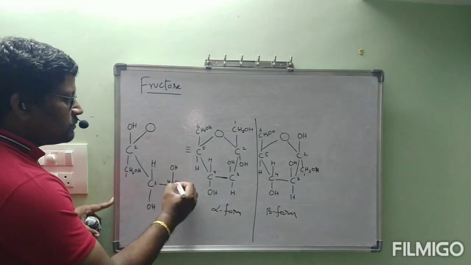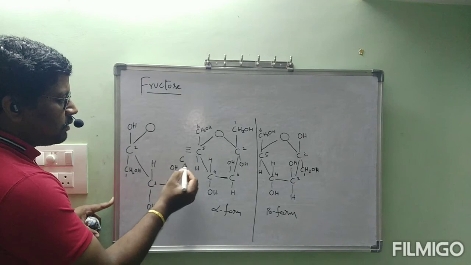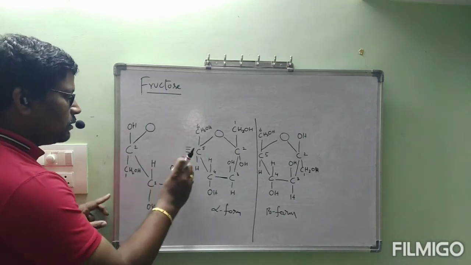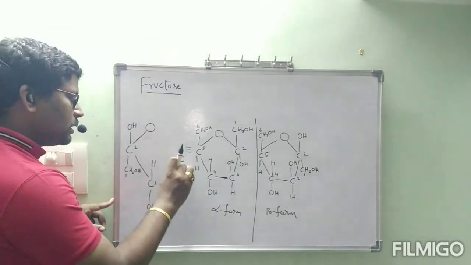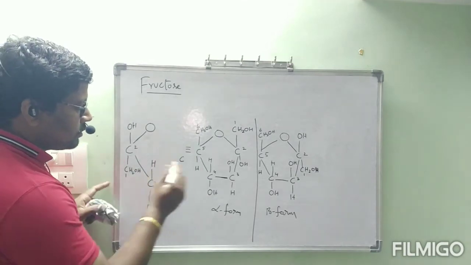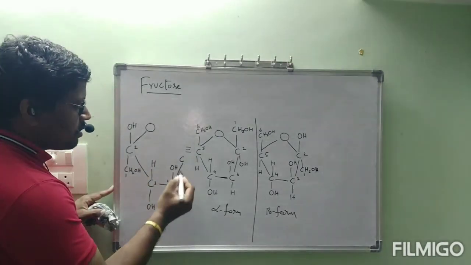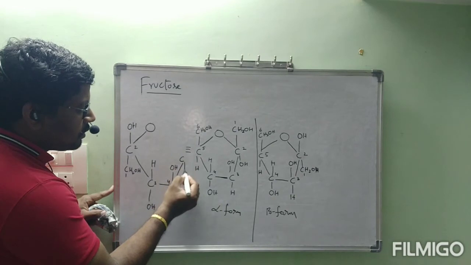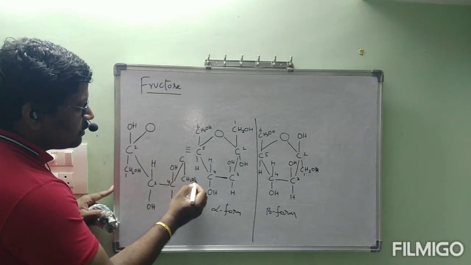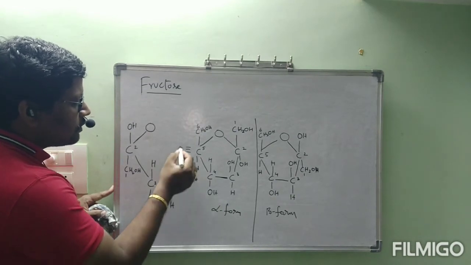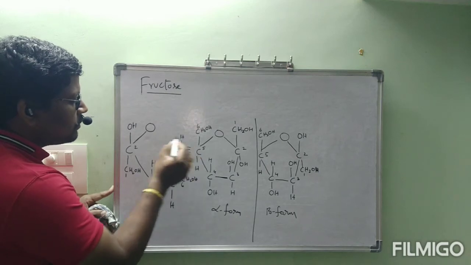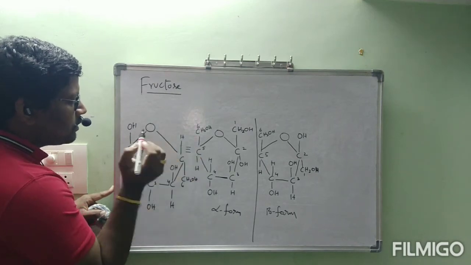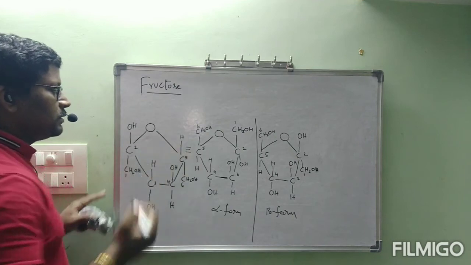Next, this carbon is bonded to fifth carbon. Fifth carbon has CH2OH, sixth carbon, below and H above, and it is going to be bonded to oxygen. This is fifth.